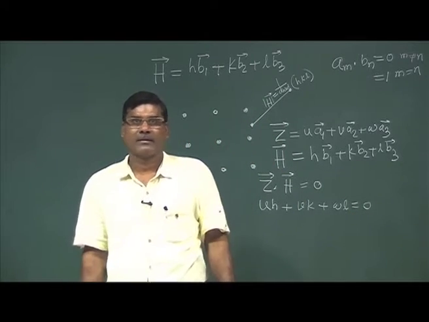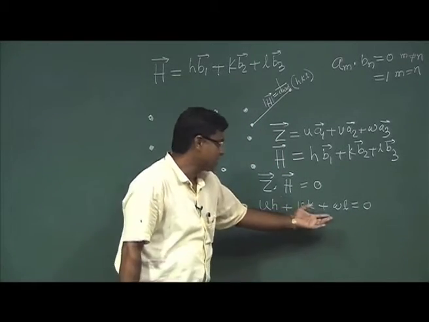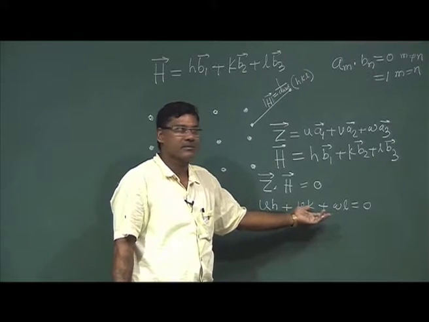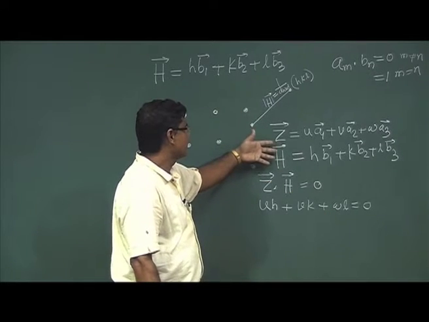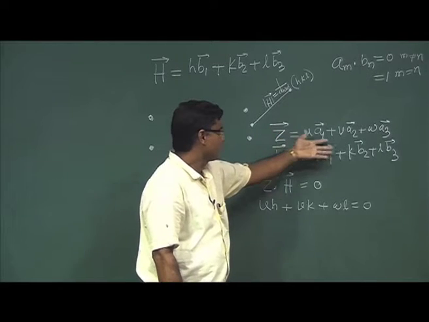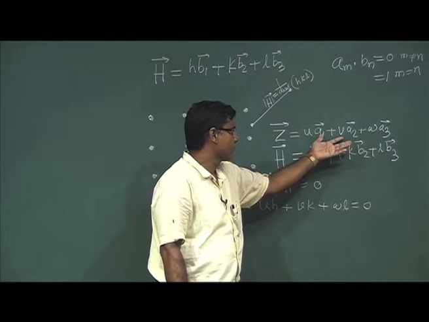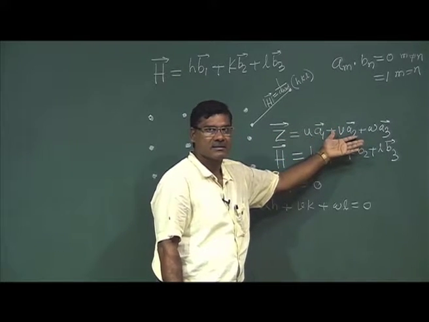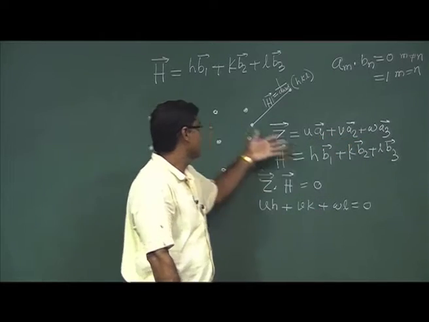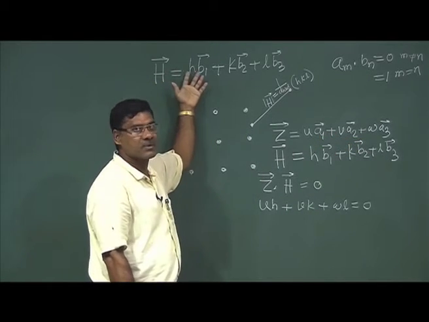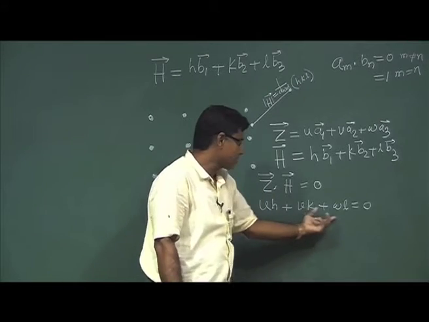right. So, here I am getting the relation between the coordinates in the space lattice a1, a2, a3 axes and the coordinates of this reciprocal lattice. They follow this relation.